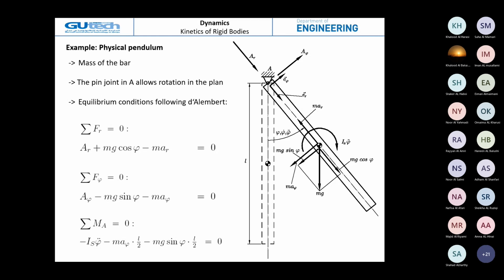The difference from the particle is that here we have the moment. And this inertial moment is expressed by the moment of inertia multiplied by phi dot dot. Now, if we make the equilibrium, what do we have? We make the equilibrium about the point A, for example.